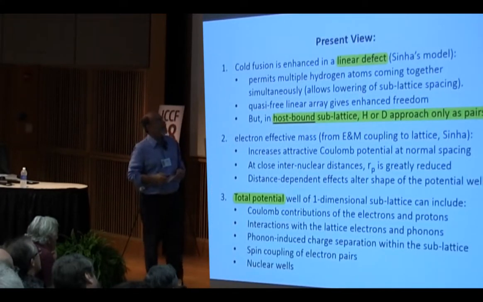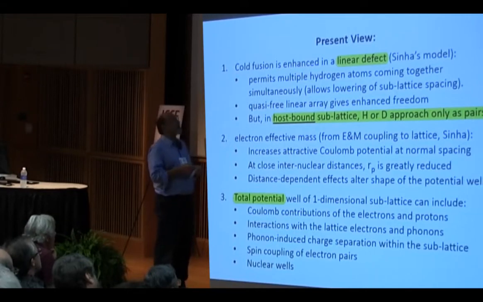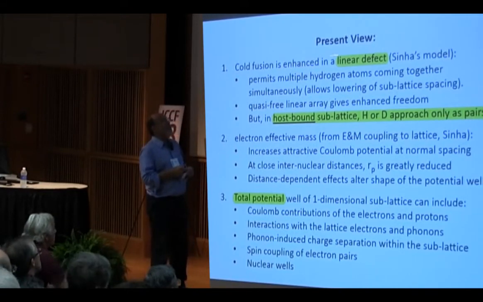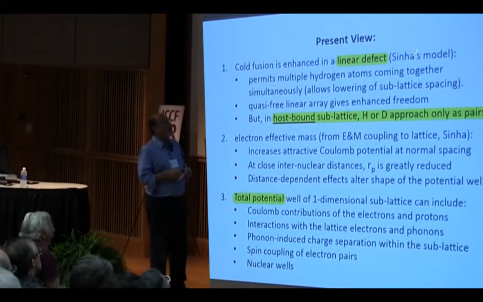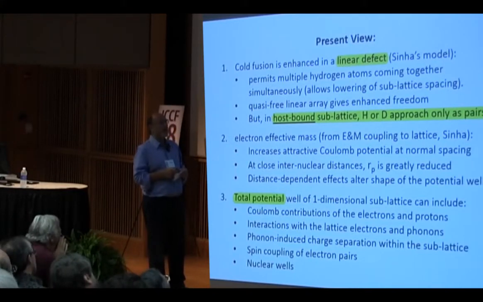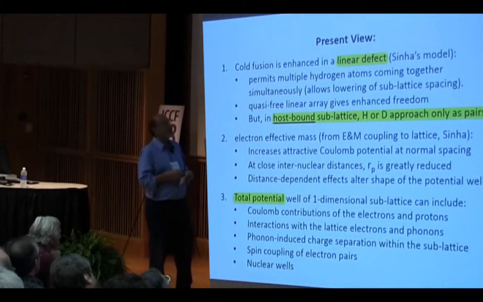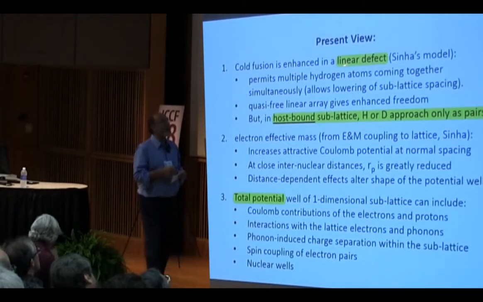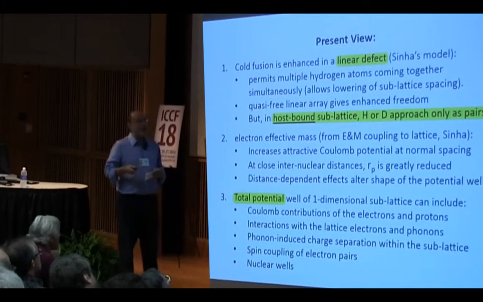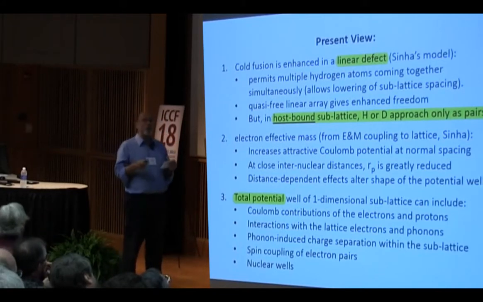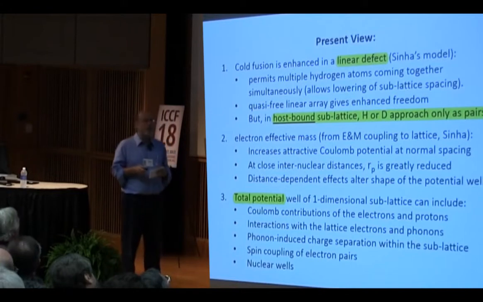Okay, so basically, in the present view, we really have a linear defect. That comes out of Synhouse's model, and I argued with him for a long time, didn't believe it, but we ended up doing other things. But that now has come up, and we really have to thank Ed for this, because he brought it from a different viewpoint and is able to emphasize it.